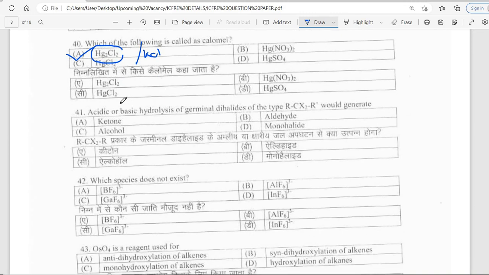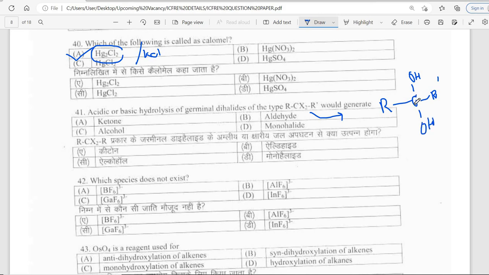Acidic or basic hydrolysis of a geminal dihalide would generate which type? If we hydrolyse a geminal dihalide under acidic or basic conditions, say for example this, it can form the geminal diol, with one carbon atom bearing OH and R, with OH on the downside.